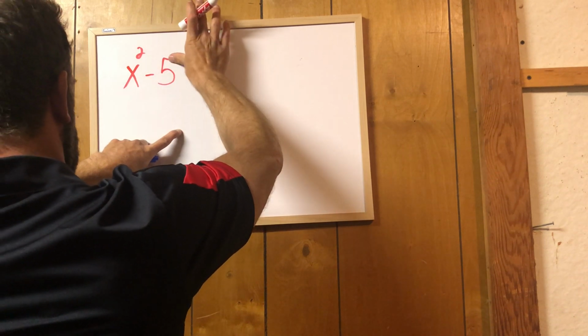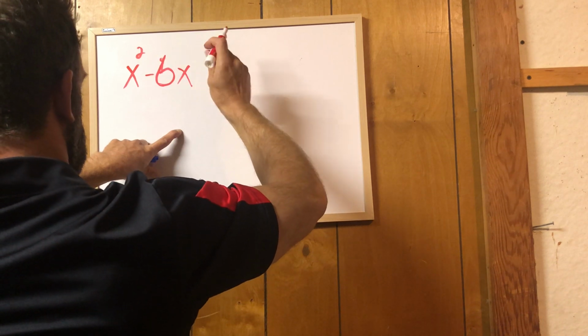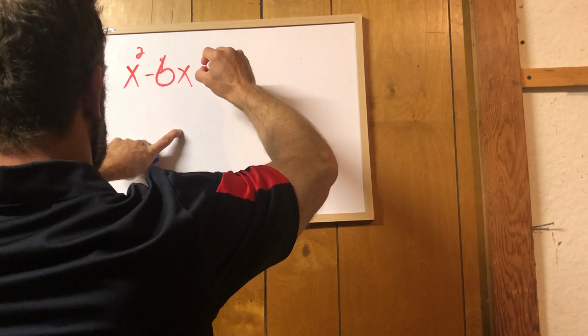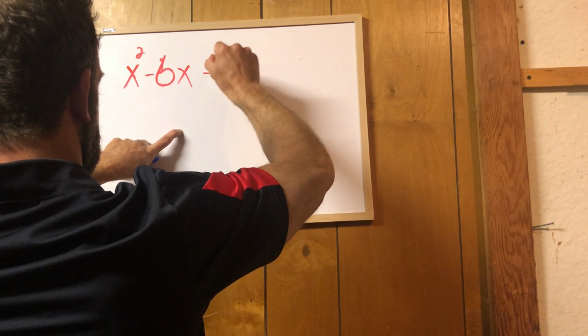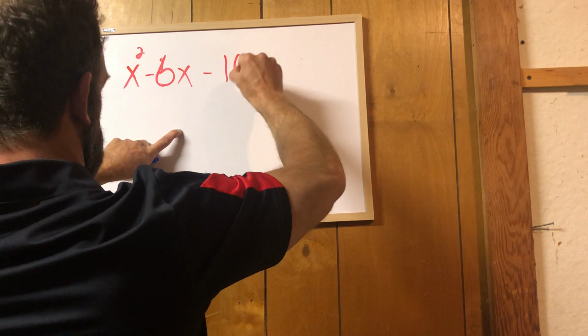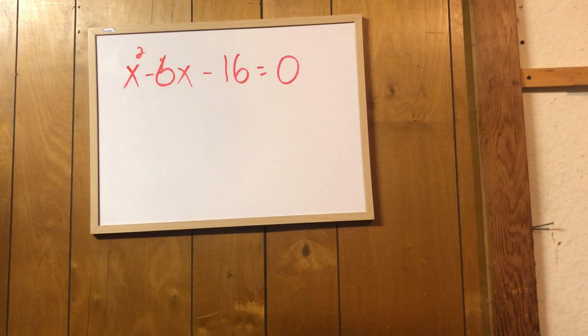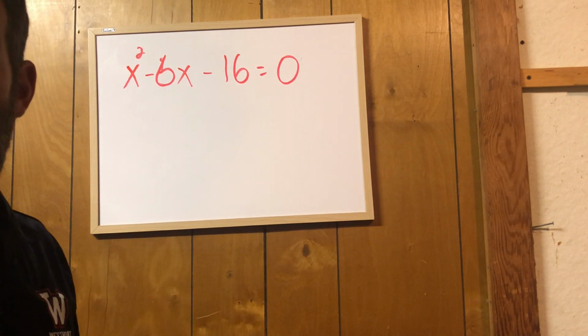Minus, I don't want to give you a decimal. Let's say minus 6x. If you factor that, you know the answer right off the bat.